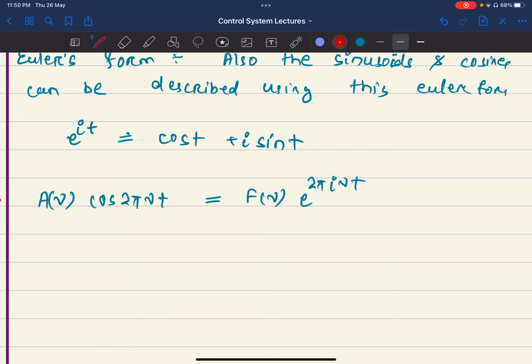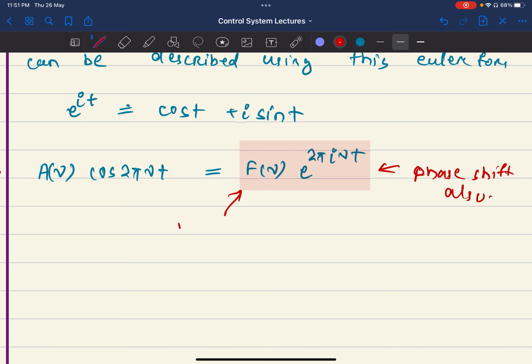Okay, so this has my phase shift also. Correct?